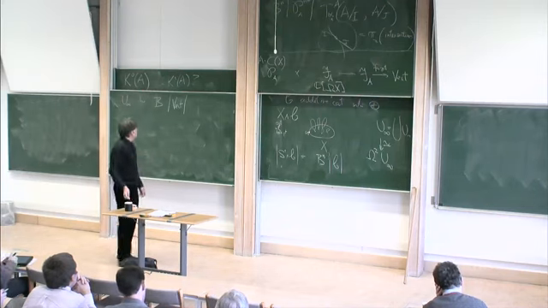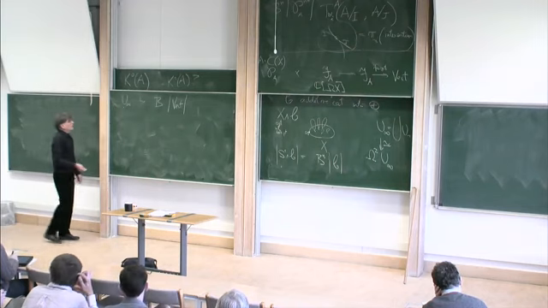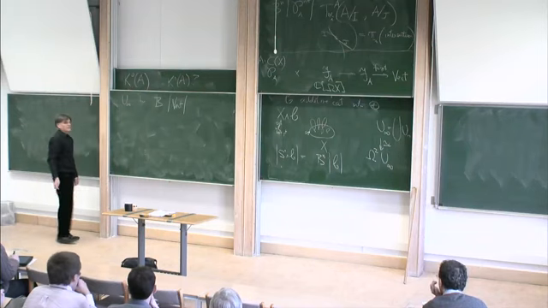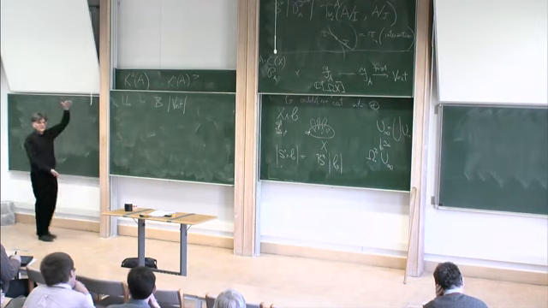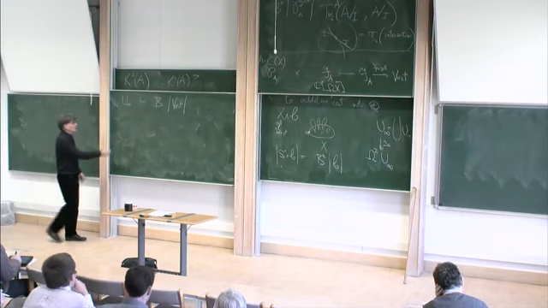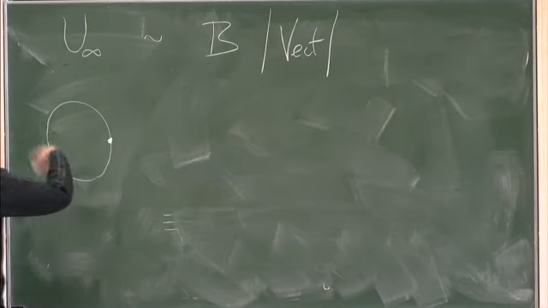Well, so what is an object here? You see, it's a unitary matrix. We can think of it as a finite size unitary matrix of some large size. When you have a unitary matrix, it has a spectrum which consists of some points on the unit circle.